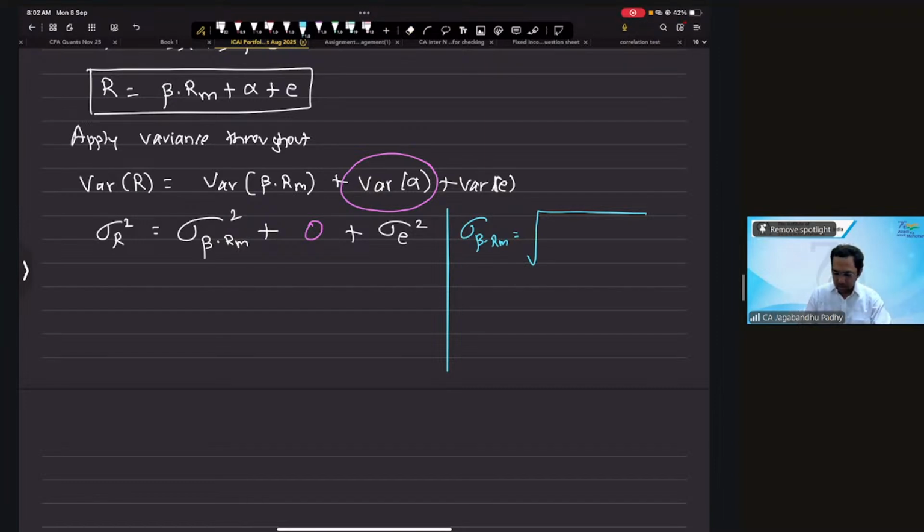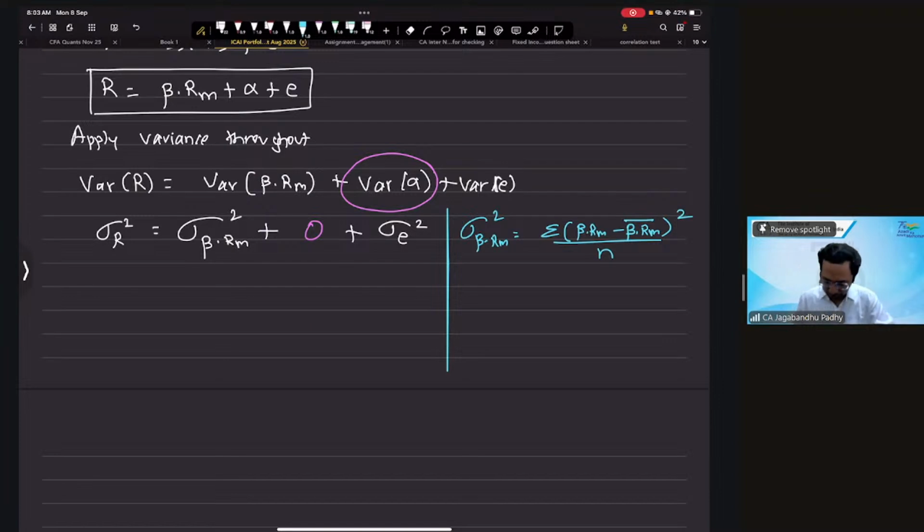Standard deviation is this, and if I take a square, the square root gets removed. So the variance of beta into market is the summation of beta into RM minus beta into RM average, the whole square, upon n.